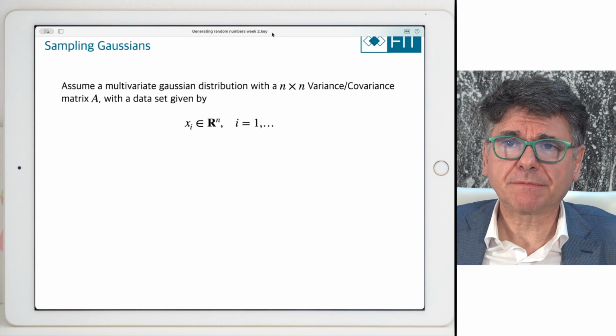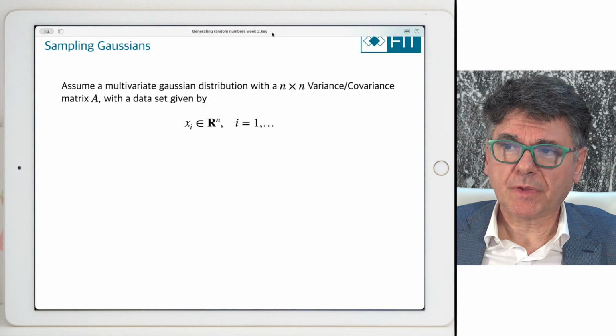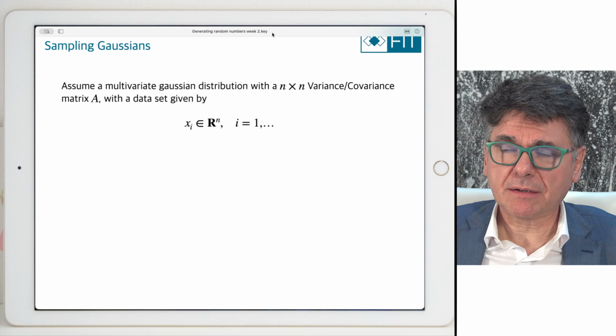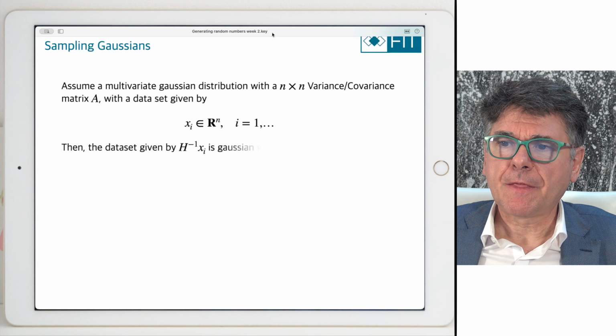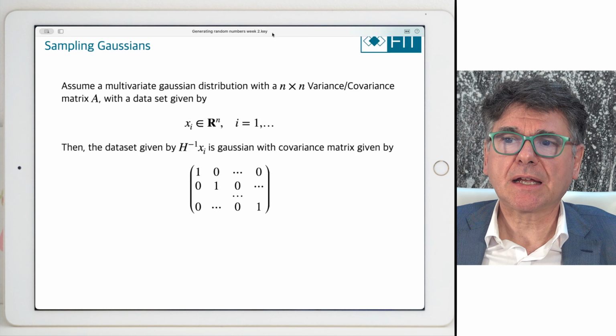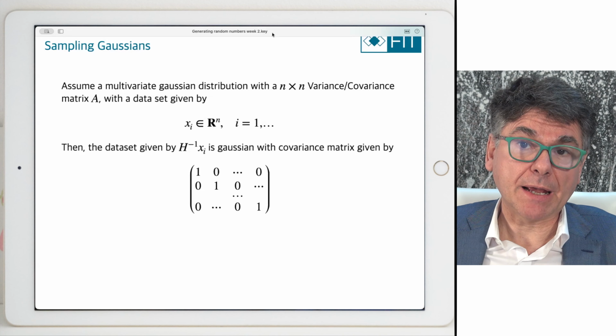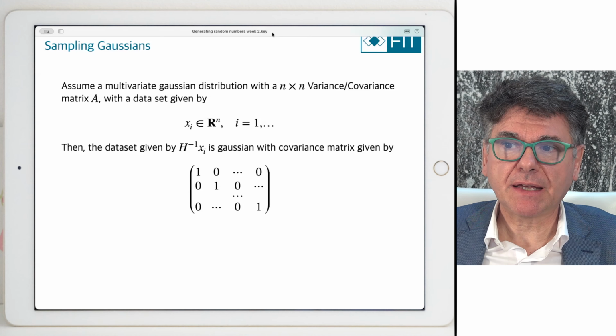I'm going to do the sampling part. If I have a multivariate Gaussian with an arbitrary n times n variance covariance matrix, and the data set is multiplied by the inverse of the Cholesky decomposition, then what I have is a Gaussian 0, 1.